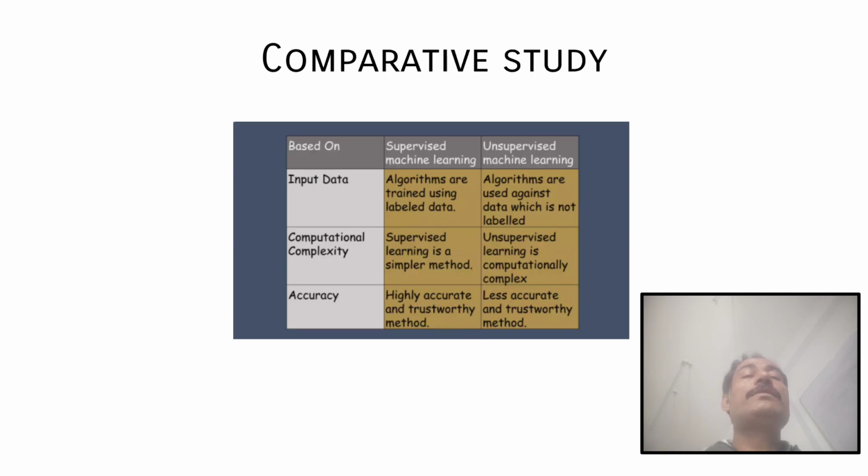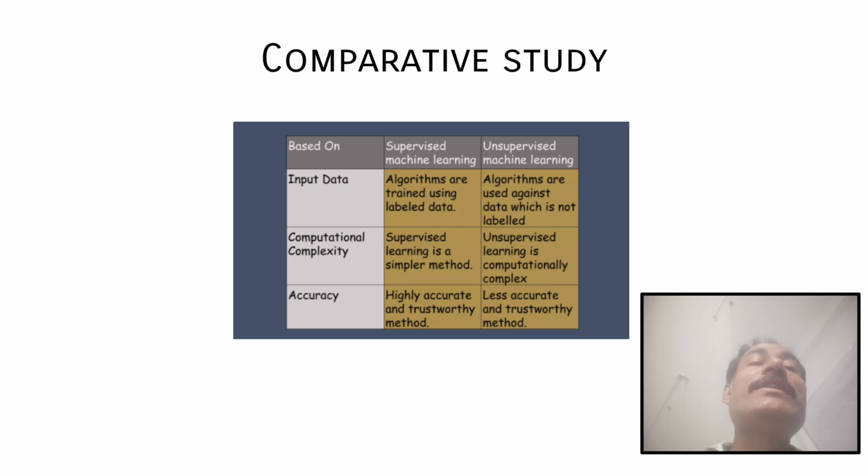And here is some comparative study. As we know, in supervised learning the input data is labeled, whereas in unsupervised learning the input data is not labeled, so that's why it is called unlabeled data.